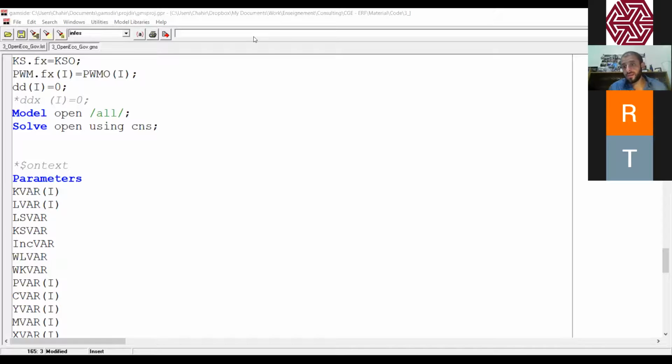So first, the price of imports will decrease. And if the price of imports decreases, what will happen? Demand for imports will increase relative to domestic goods. Exactly.